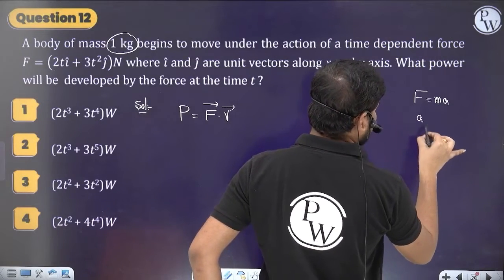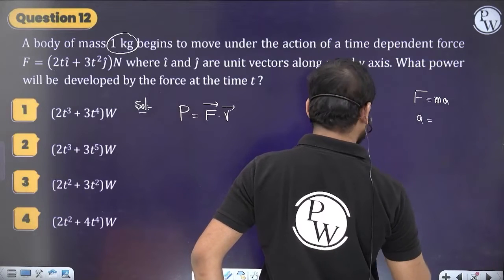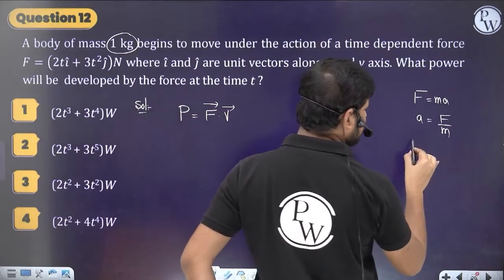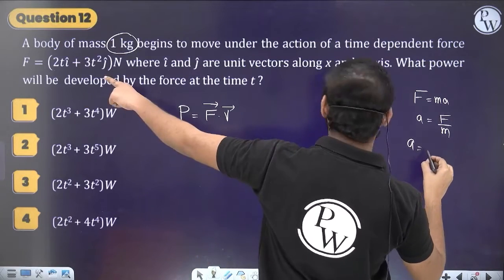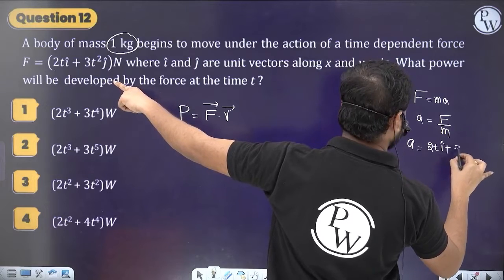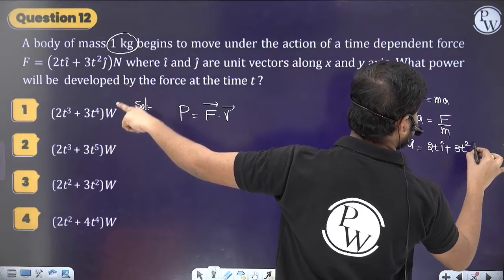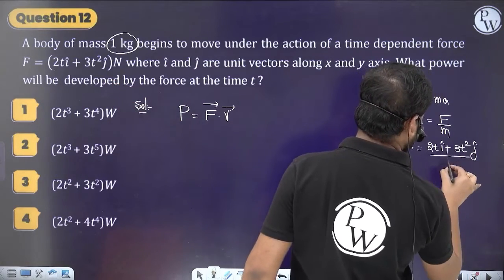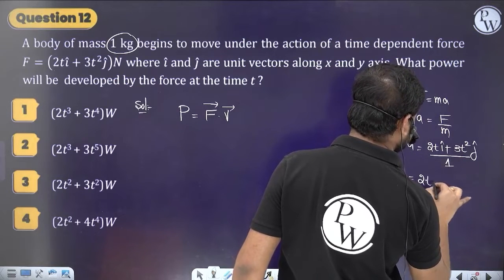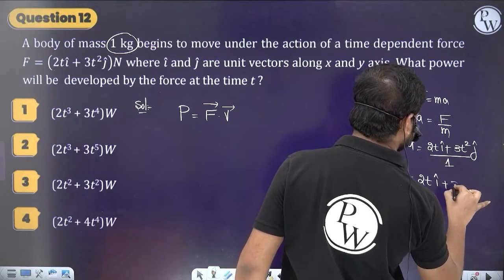So the acceleration is equal to F by m. Here the acceleration is equal to the force function we already got, 2t i cap plus 3t square j cap, divided by mass 1 kg. So the acceleration is equal to the force.